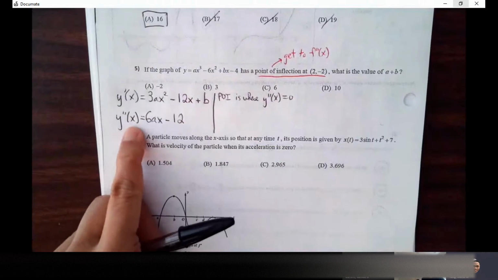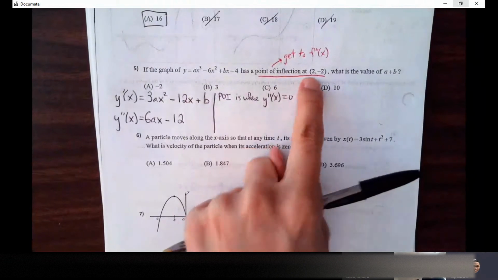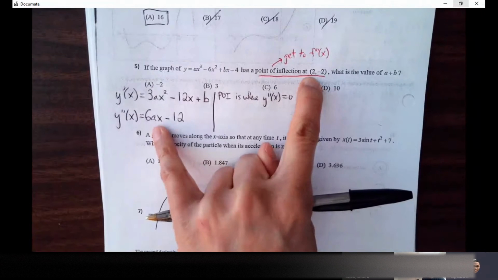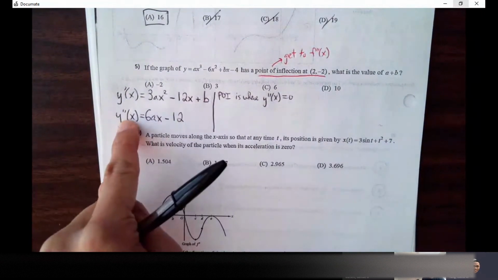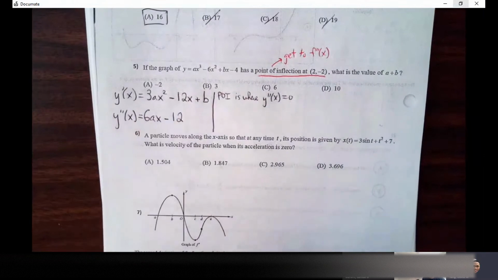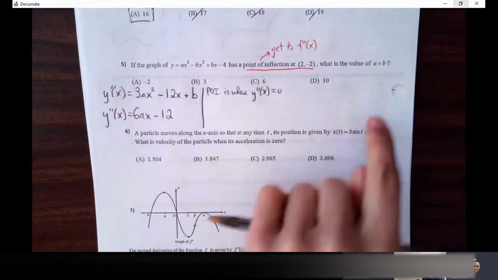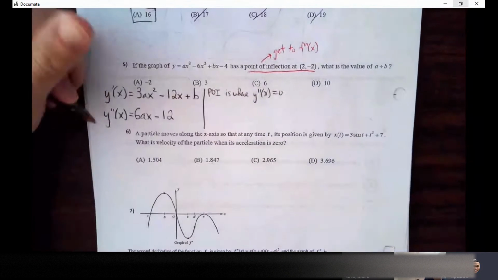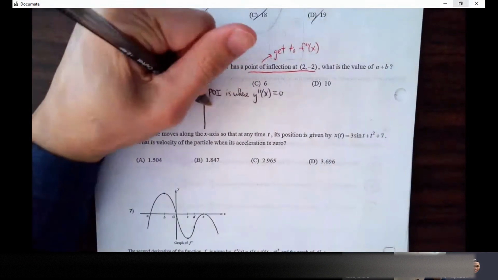So I'm going to set y double prime equal to 0. I know the x value of my point of inflection is 2. So if I can insert 2 in for x and 0 in for y double prime, I should be able to solve for a. And that will help me make progress in my goal to try to get to a plus b. So replace the y double prime with 0.